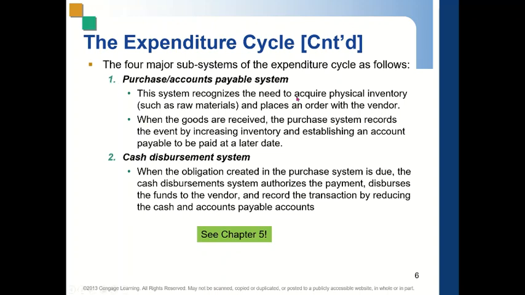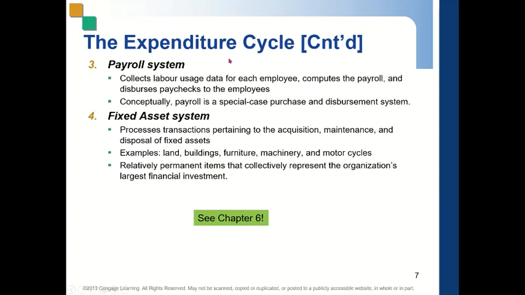When we receive the items, our inventory levels go up, but we also need to establish accounts that indicate that there's a liability that we need to deal with later. And then when that later date comes, we deal with that obligation. We pay our vendors. We disperse cash to our vendors, but also we need to account for the labor and the fixed assets that go into the production of our item.